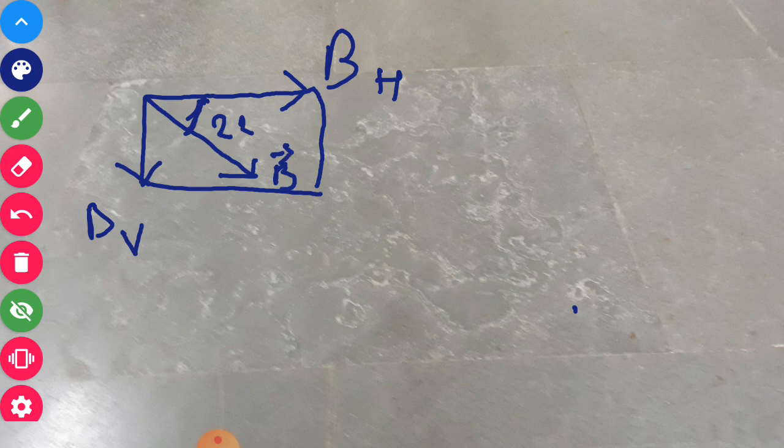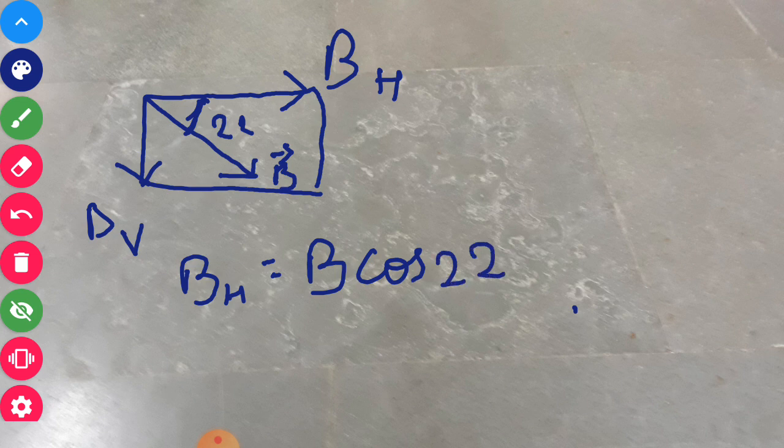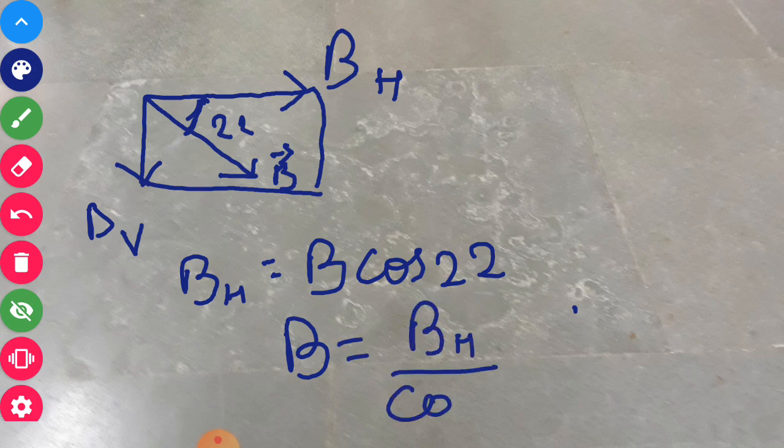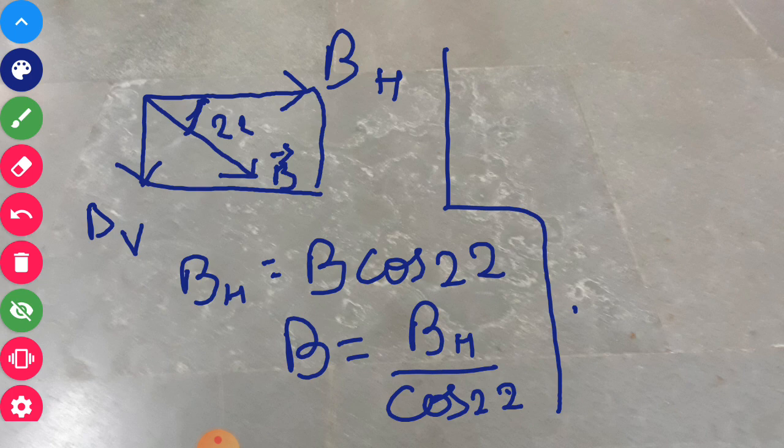Now the horizontal component BH is nothing but B cos 22. So we can find B = BH/cos 22, and cos 22 is nothing but sin 68.